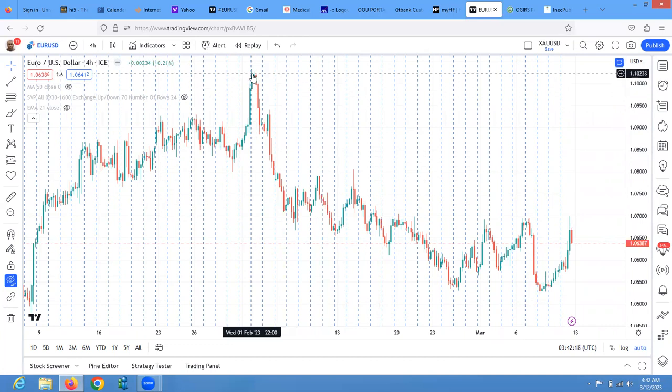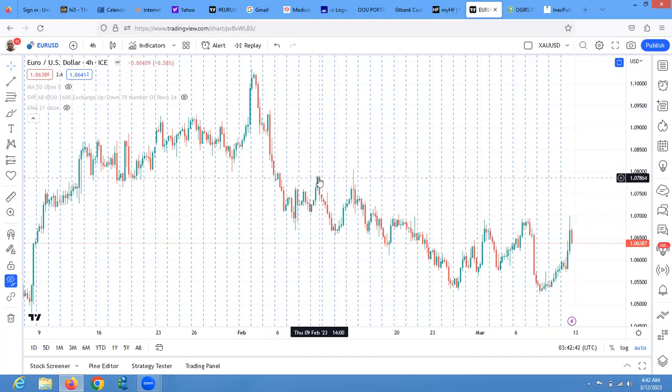You will notice that the first wave here actually came down in 5 waves, which is 1, 2, 3, 4, and 5. And after it came down in 5 waves, we saw this as a move. To me, it's like the 4th wave of the big correction.